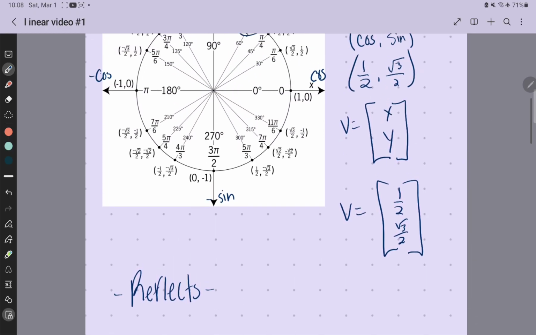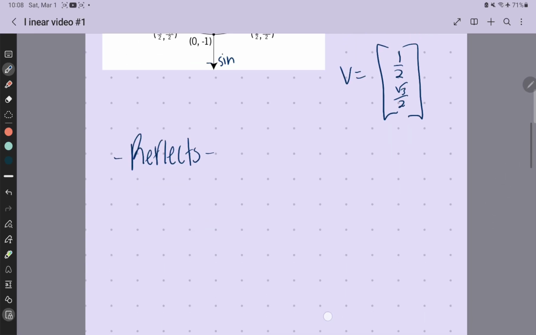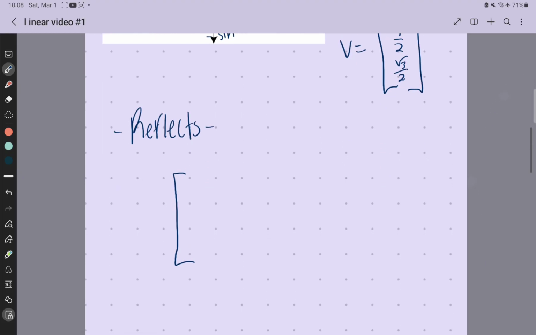So knowing this, we know that x is the cosine and the sine is the y. I know that I'm going to have to put this in a matrix that has 2 rows, but I'm going to need to know what my other column is, right? So let's put the cosine right here and then the sine right here.